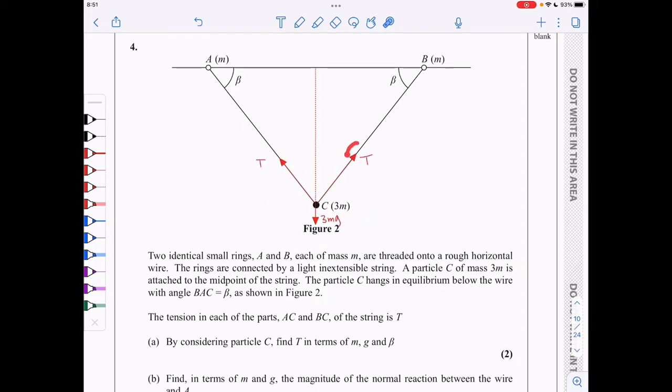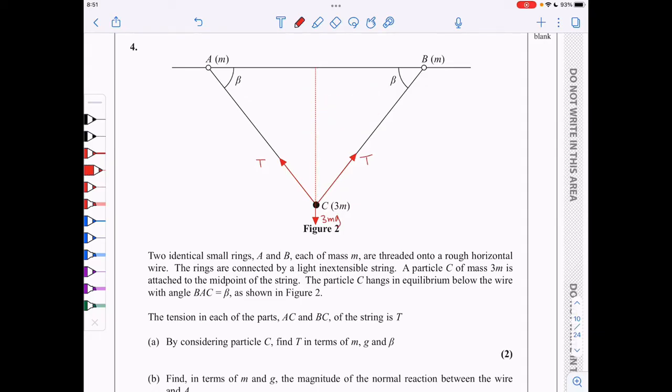I could start by adding the forces that act on C. I have added the tensions here. I have added the weight for C. So it's easy to see that the upward force here would be T sine β times 2.